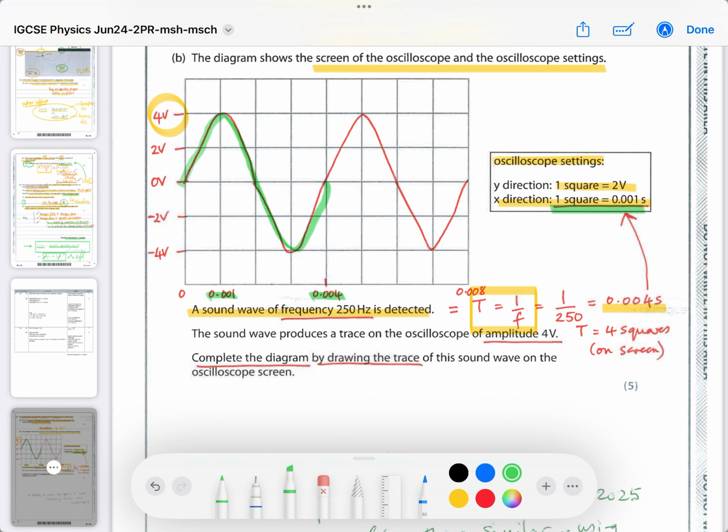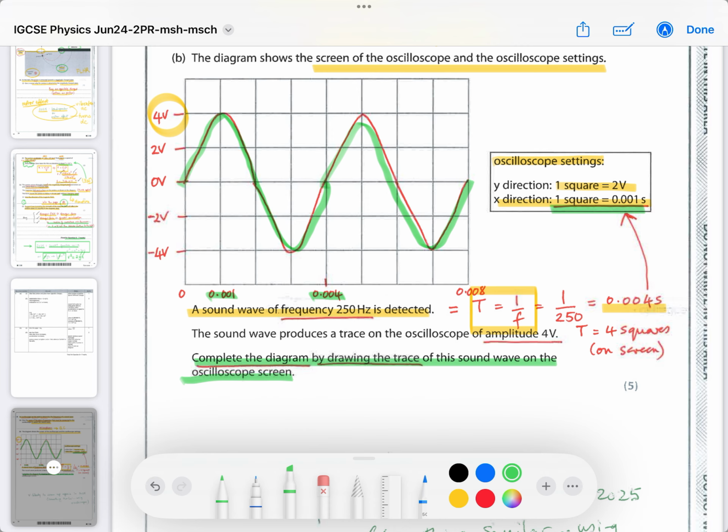But of course the oscilloscope will be able to detect 2 of those waves across the screen. I didn't quite go to the same peak as the red line that I drew before. And that's why I draw them before, so it's quicker to go through the run-through with the depth that I go into. Okay, so complete the diagram by drawing the trace.